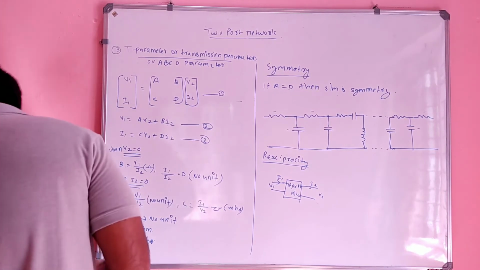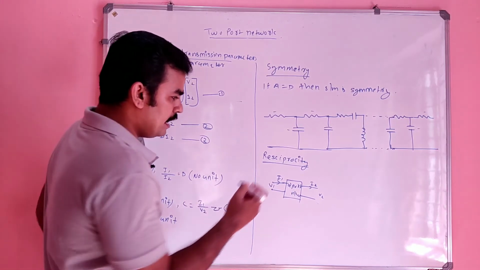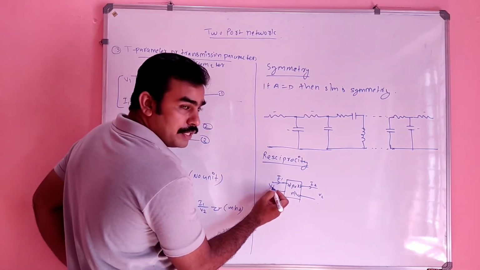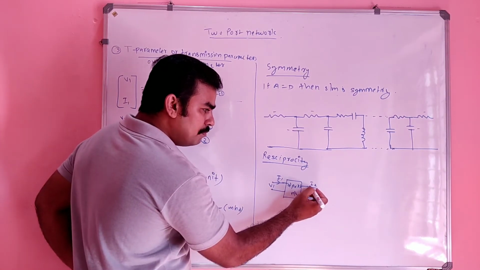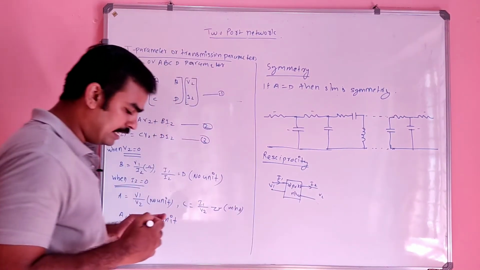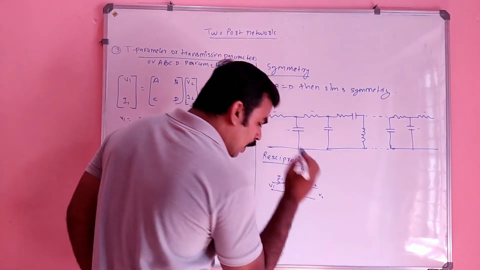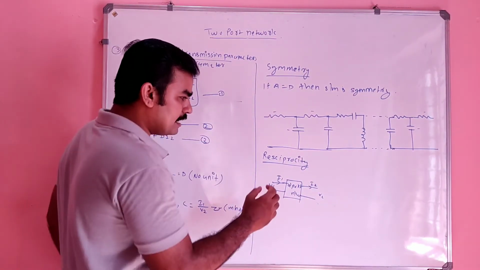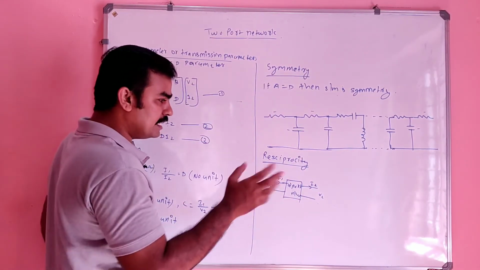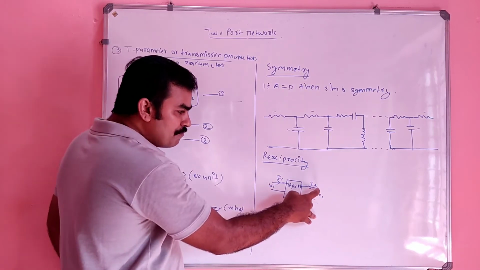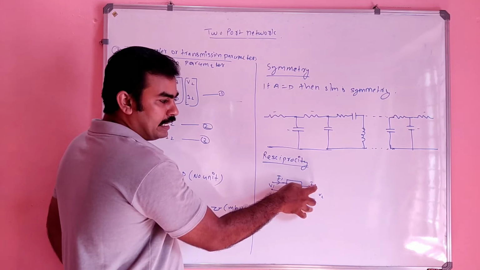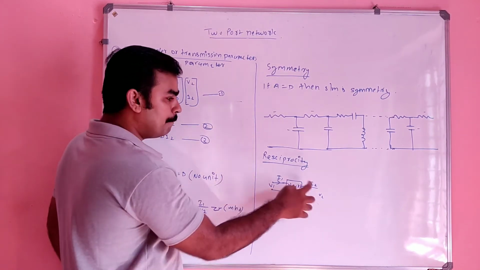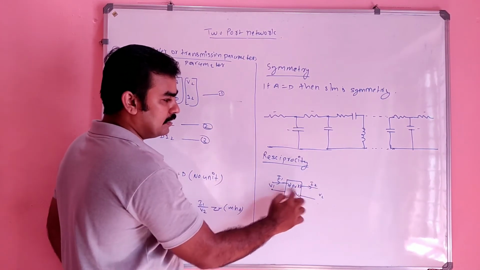I will explain. If you apply some voltage here, due to that there will be some current in the output section, that you know, right? In the next case, you apply a V2 in the output section so that the current here is the same as the previous response current.